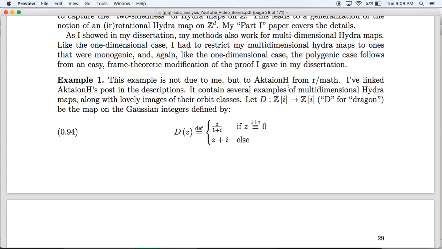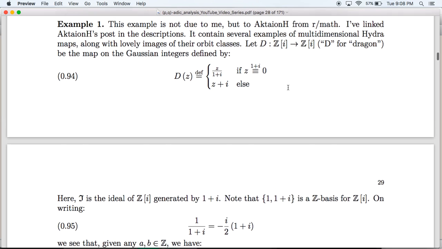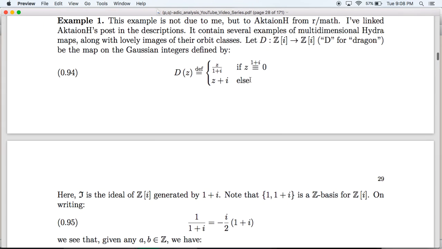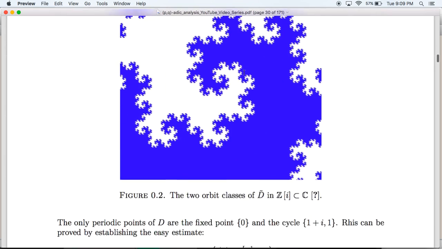He has one with a primitive third root of unity, and they're very nice to study because they have these easy properties. So studying these would make for an excellent test case and toy models to play around with. Because again, the Newman formalism works here too. And because of the nature of this particular map, because it's not expanding, it's even nicer than what we get in the case for Collatz.